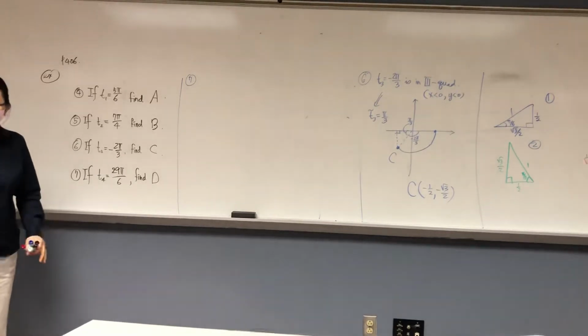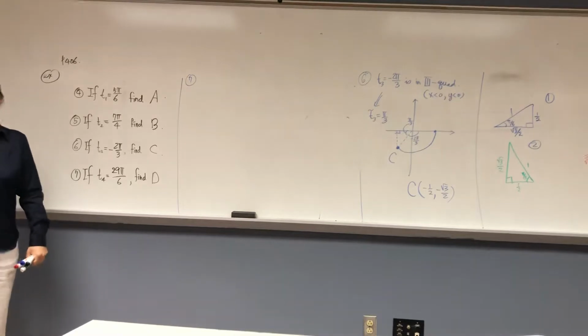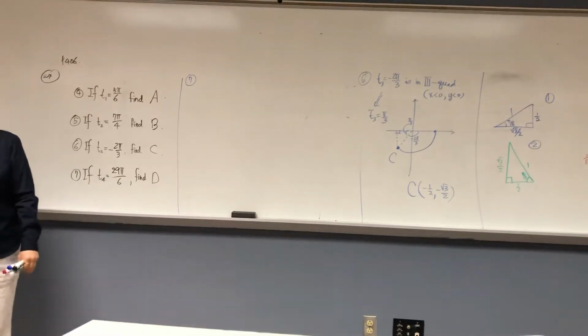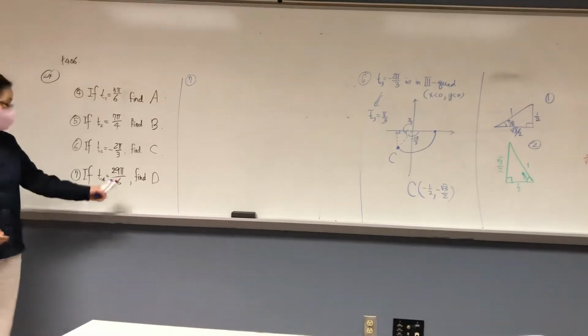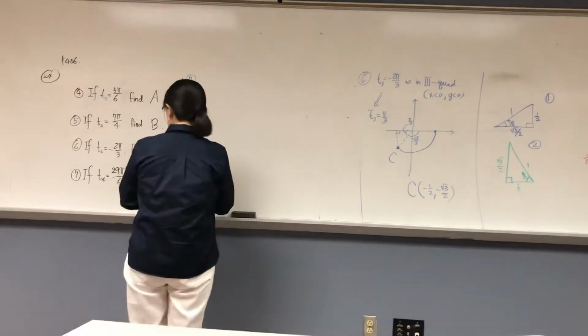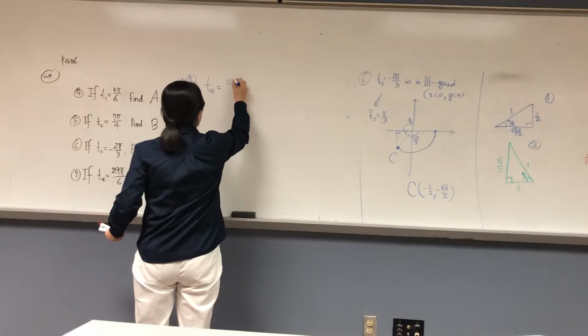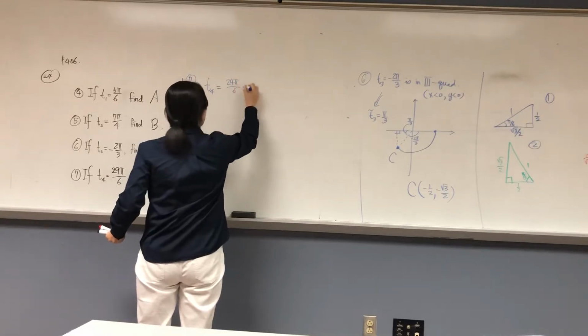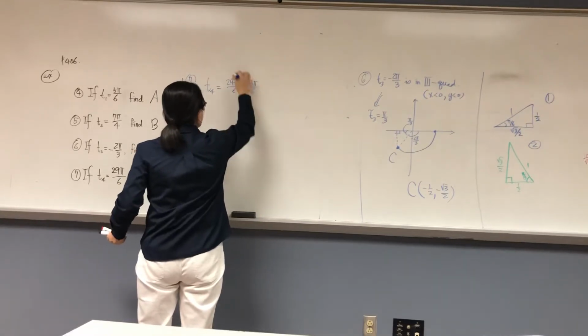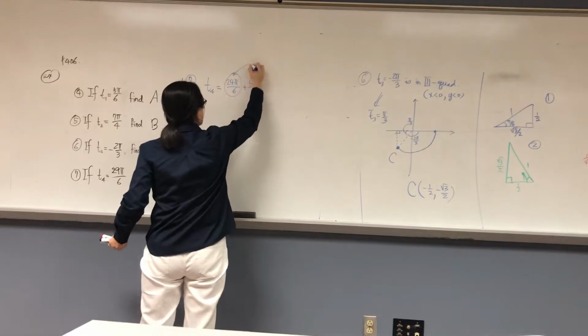So this is one revolution, right? And then one more revolution is 24 pi over 6. Am I right? So you have to think about it this way first. So this means 2 revolutions.